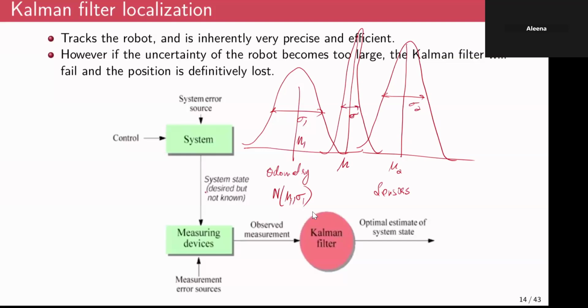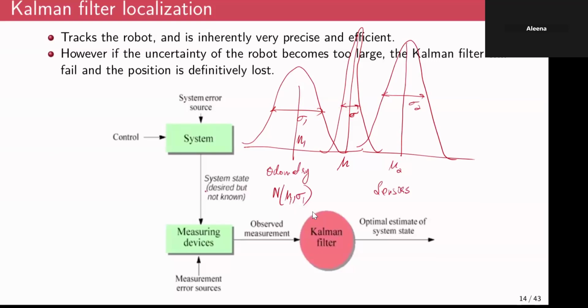And as you can see, the standard deviation of the fused output, the Kalman filter's output, is lower than sigma 1 and sigma 2, right? Because of the fusion, the new variance is actually very small.